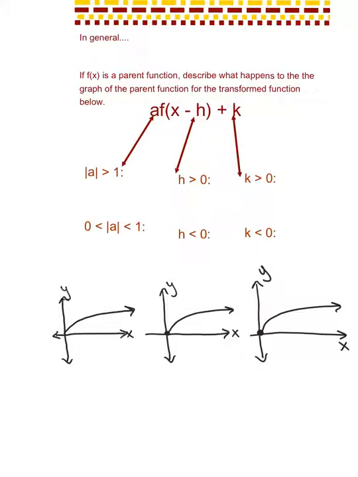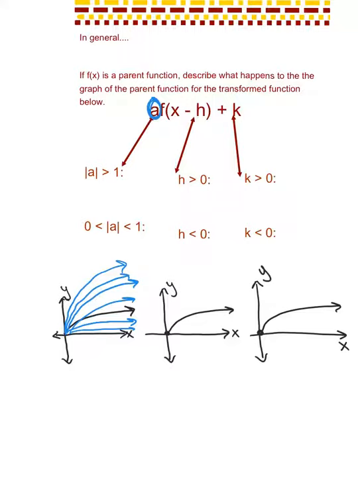So the first one, when I was looking at this A value out front, when the absolute value of A was greater than 1, so I don't care about its positive or negativeness, just the value itself, you should have seen that we had this vertical stretch occur. So you saw that it went higher and higher, or even lower and lower. It kind of affected, I hate to use the word width, but that's kind of what it did. So you kind of saw it move in this direction.